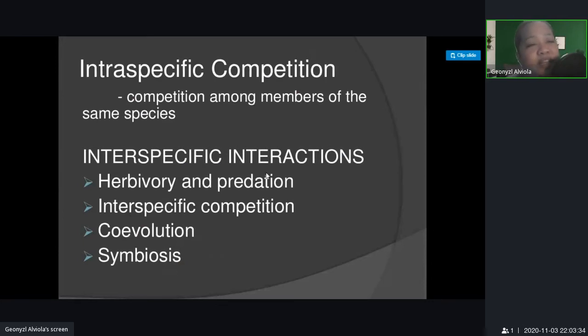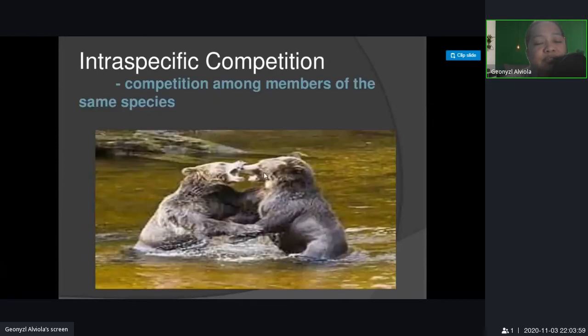That is intraspecific. Territorial disputes are also intraspecific, but could also be inter. Interspecific interactions, examples, we have herbivory and predation, interspecific competition, coevolution, and symbiosis. What are these different types of interaction?